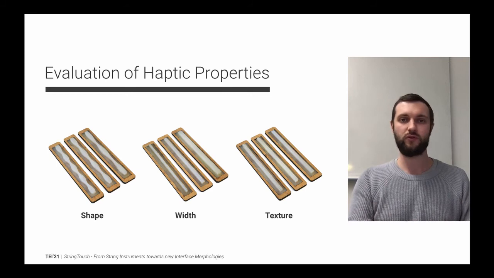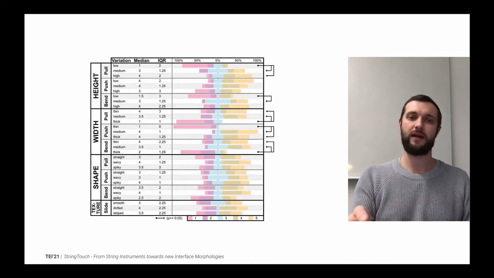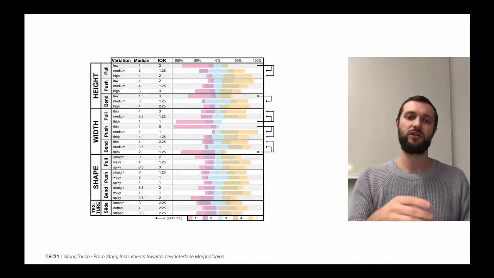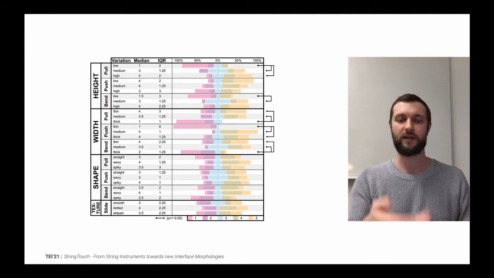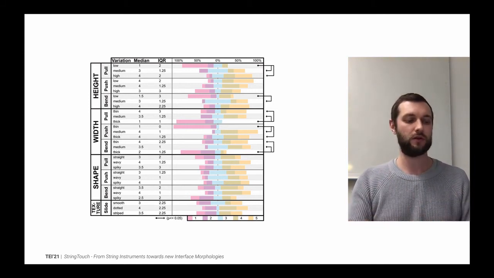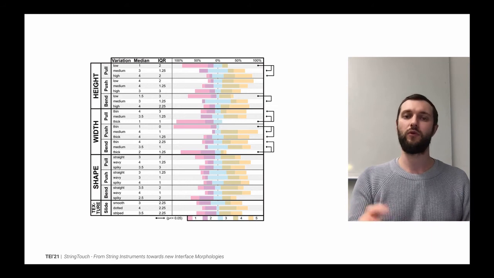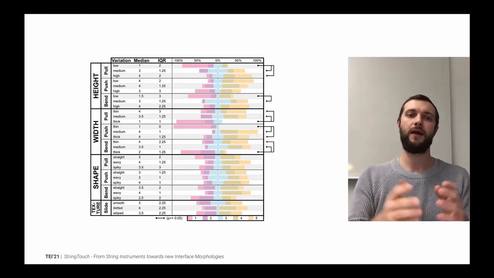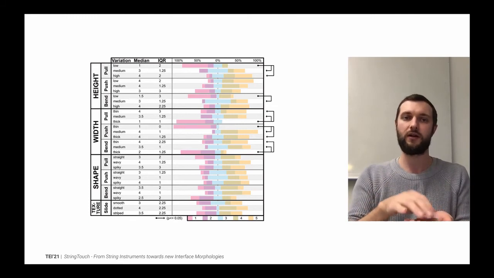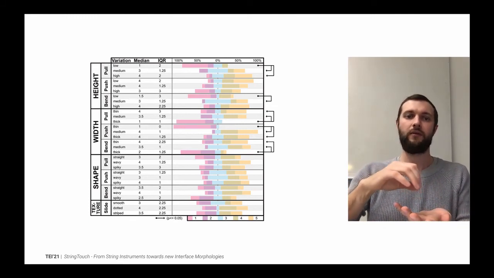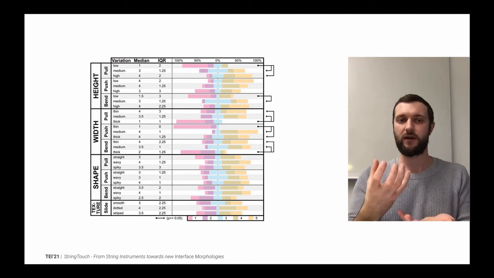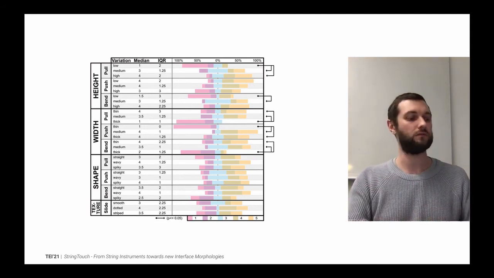So we did a user study where we had blind tests with different shapes and textures, and we tested different widths and heights and strength of the material, and we saw that there is an influence of the design on the interactions which are possible. For example, a really low design is hard to pull because it's hard to grab, whereas a really thick design is hard to bend, and so on.